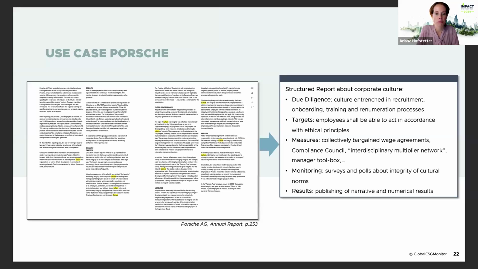It also combines it with clear goals, measures, and a monitoring approach via survey and polls, as well as a communication on the results. For example, the integrity score, which we thought is kind of nice since we have also the Integrity Star Award. And incidentally, our score differs marginally from the one of the integrity score of Porsche. Also, I'm sure we measured totally different things here.